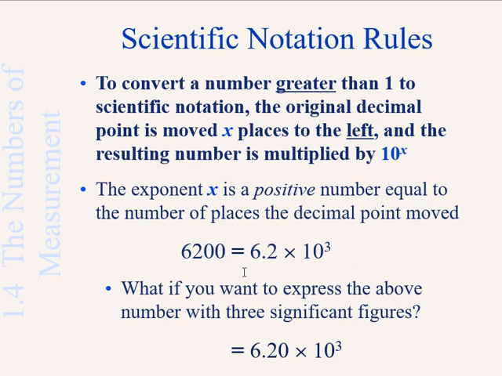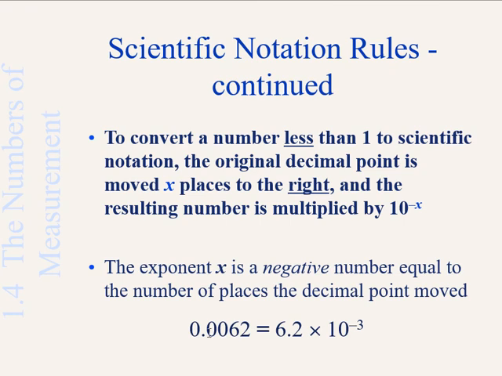Before we look at the smaller value, if this 0 was significant, here we are showing it as 6.20 times 10 to the 3. But if the zeros are not significant, you show it as 6.2 times 10 to the 3. What if both the zeros are significant? We might as well place a decimal point here, and if we wanted to convert that to scientific notation, it would be 6.200 times 10 to the 3.